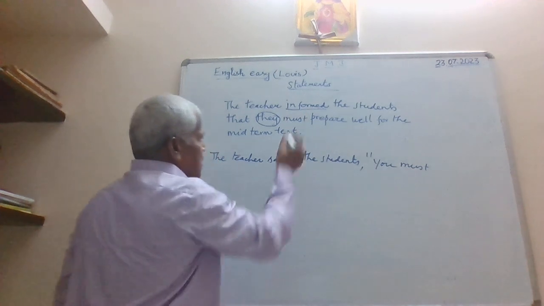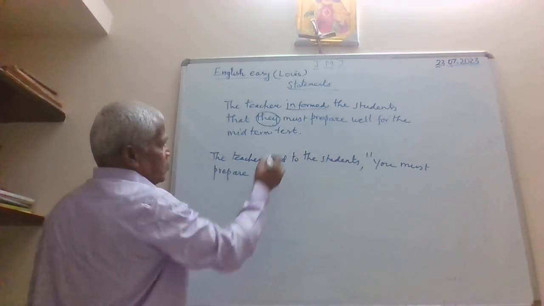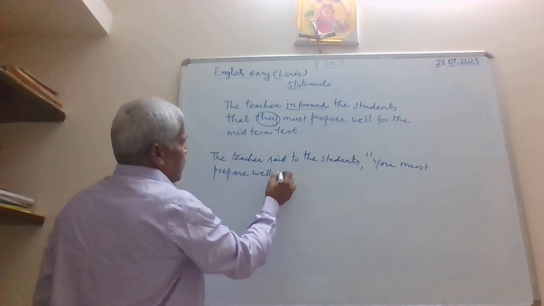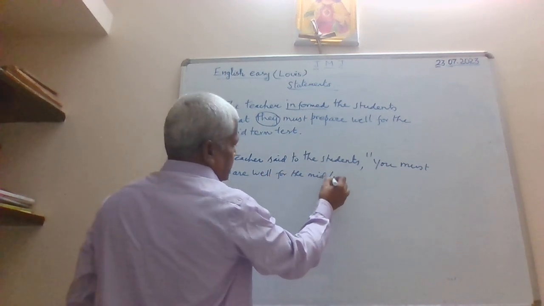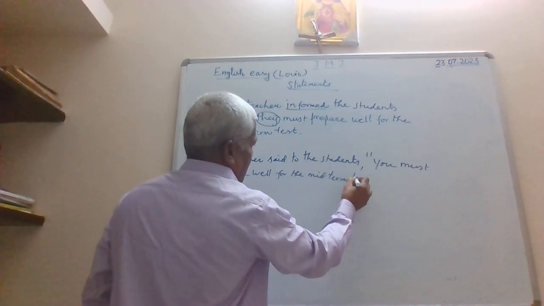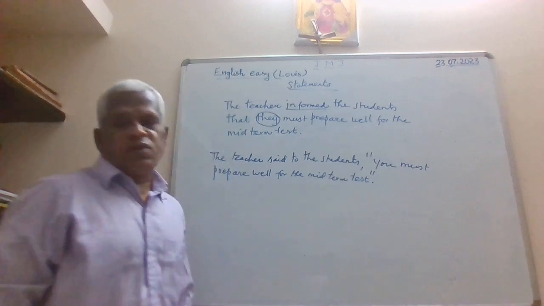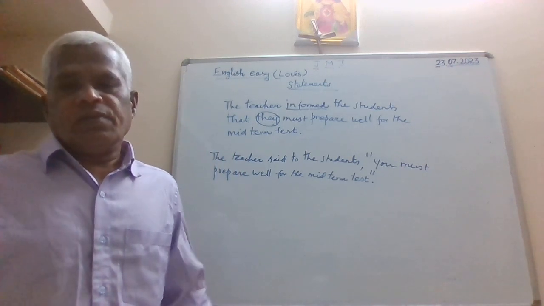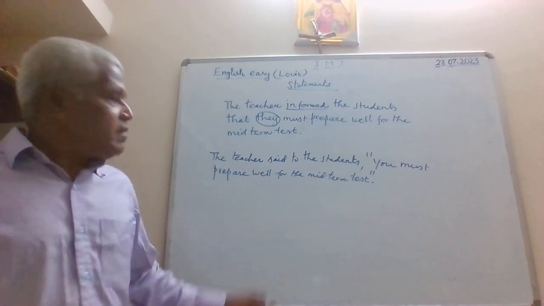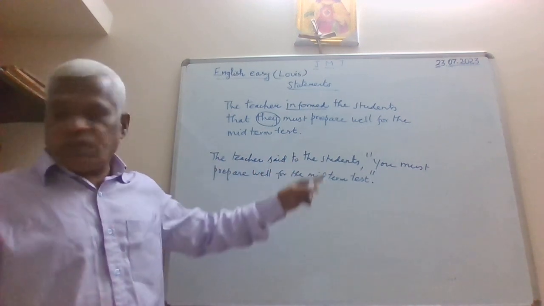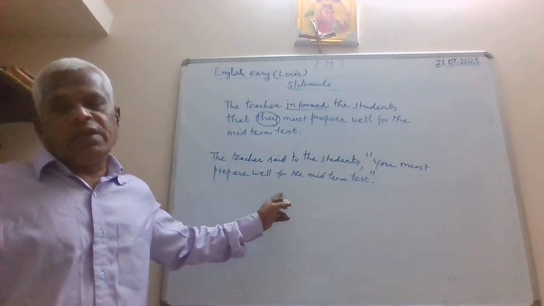You must prepare well for the midterm test. Close inverted commas and the full stop. See now how you have written here. The teacher said to the students, you must prepare well for the midterm test.